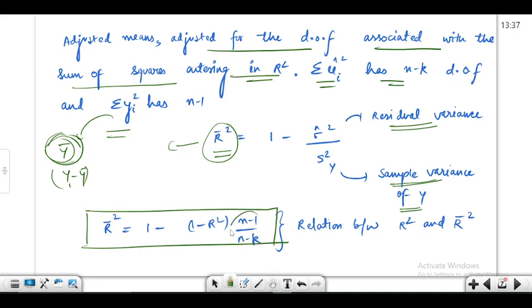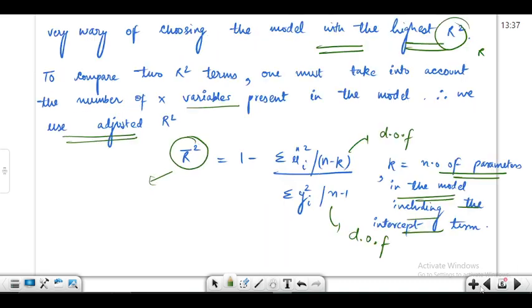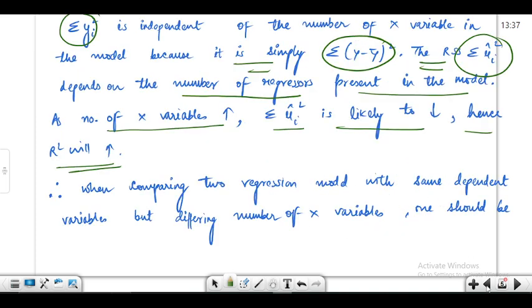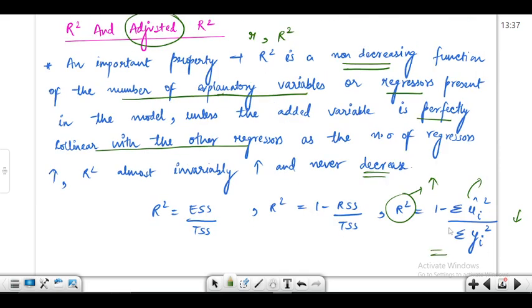So this term here is being multiplied by 1 minus R square, and this entire term is being subtracted from 1. That is how you get this relationship between your R square and your adjusted R square, linked using this ratio n minus 1 upon n minus k, which is the ratio of the degrees of freedom of the two sums of squares that entered the formula of your R square.